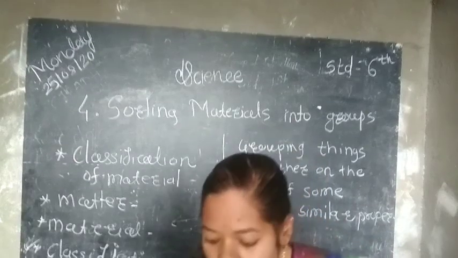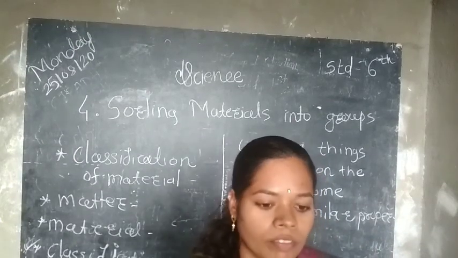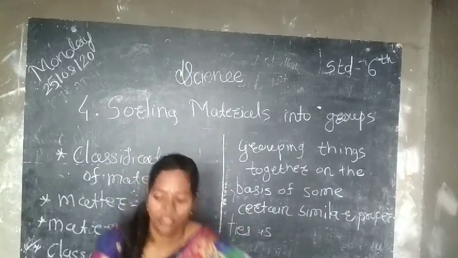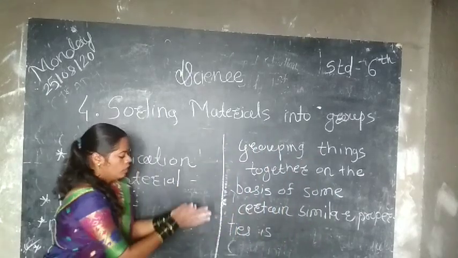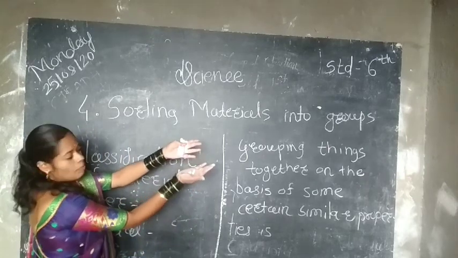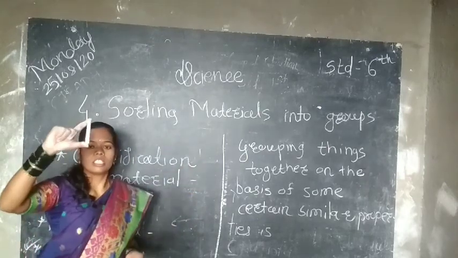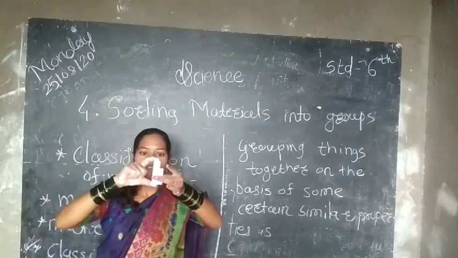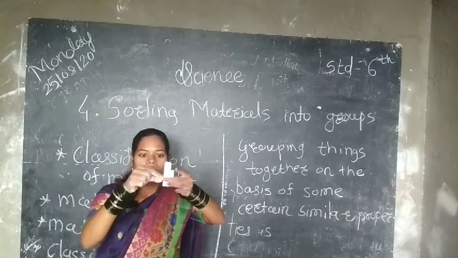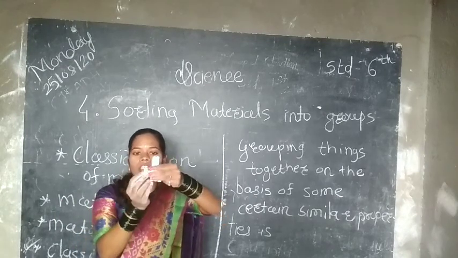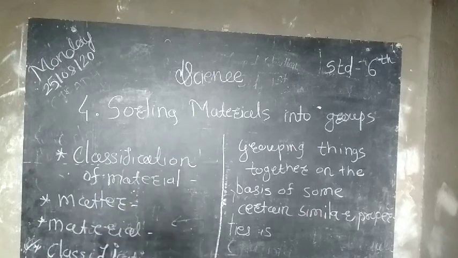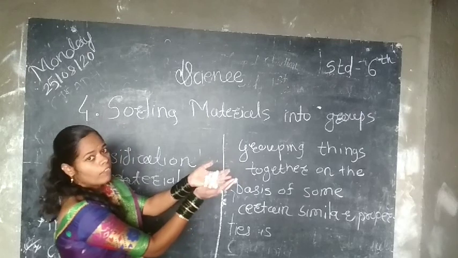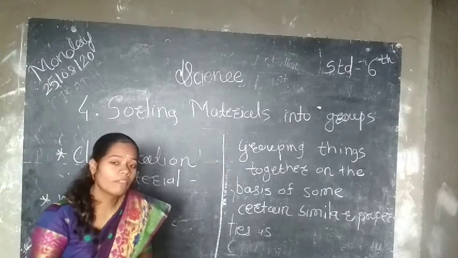Let me explain. In my hand there are some chalks. If you clearly see, I have 5 chalks in my hand. This is the first, second, third, fourth and fifth. Are all 5 equal? No. All 5 are different ones. How do you understand they are different?